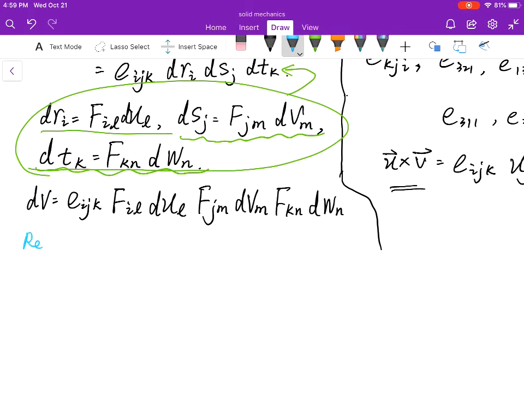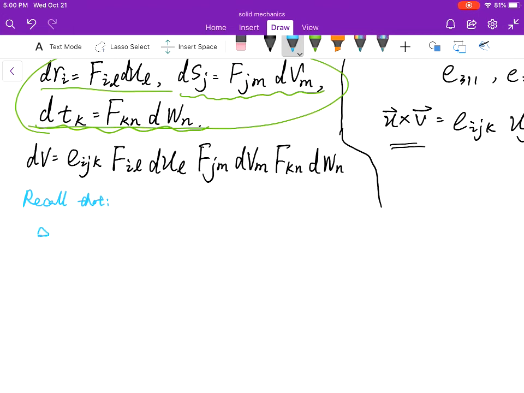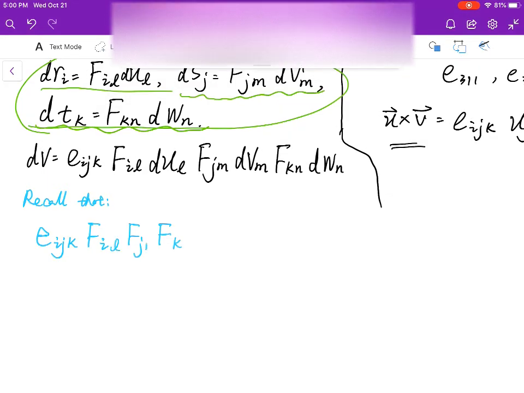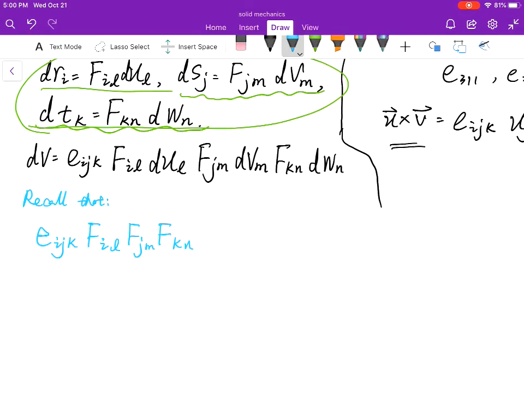Recall the permutation notation e_ijk times F_iL F_jM F_kN equal to e_LMN times the determinant of the tensor.